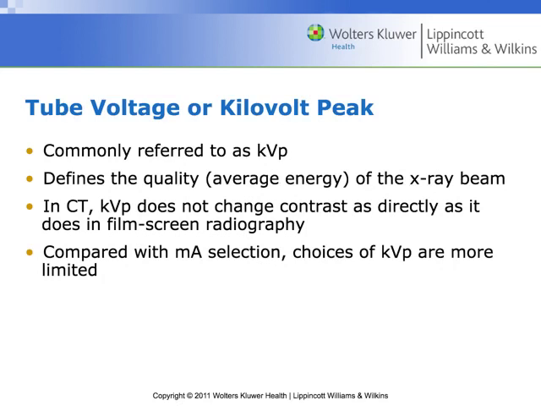In fact, we can even have the machine automatically determine what the MA should be. But KVP is going to be 2 or 3 options, period. Like 90 KVP, 100 KVP, 120 KVP, and nothing more than that, right? You're just going to have those 3 basic options, and that's across the board for all CT scanners, regardless of who made them.